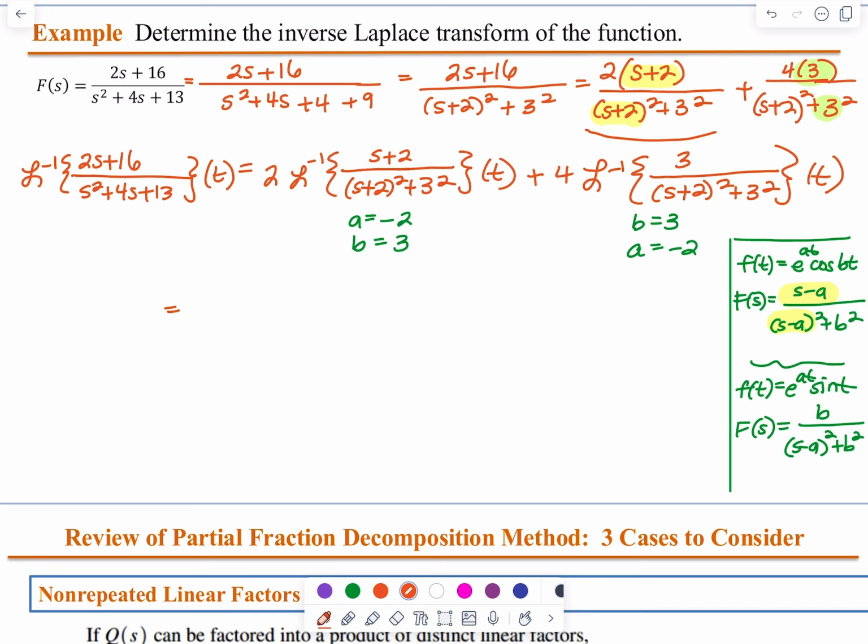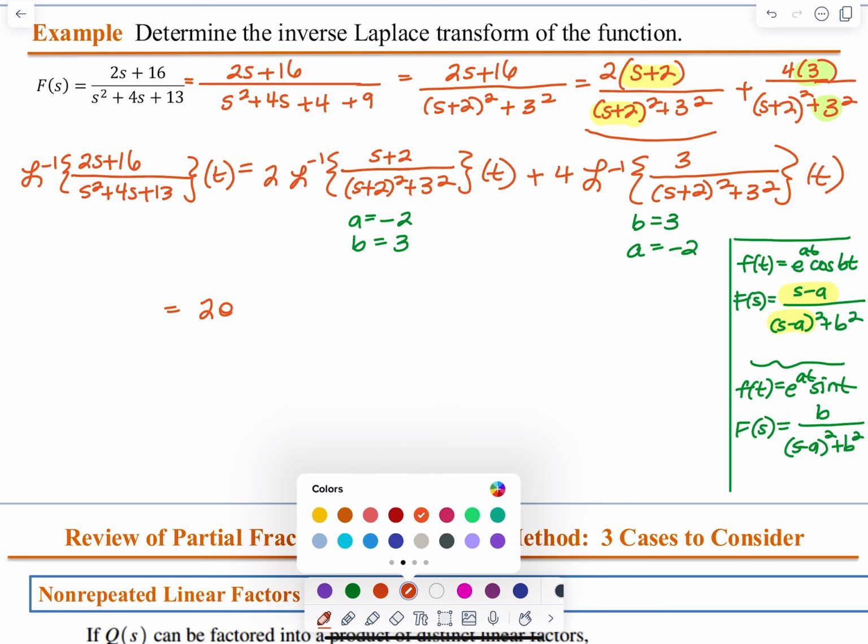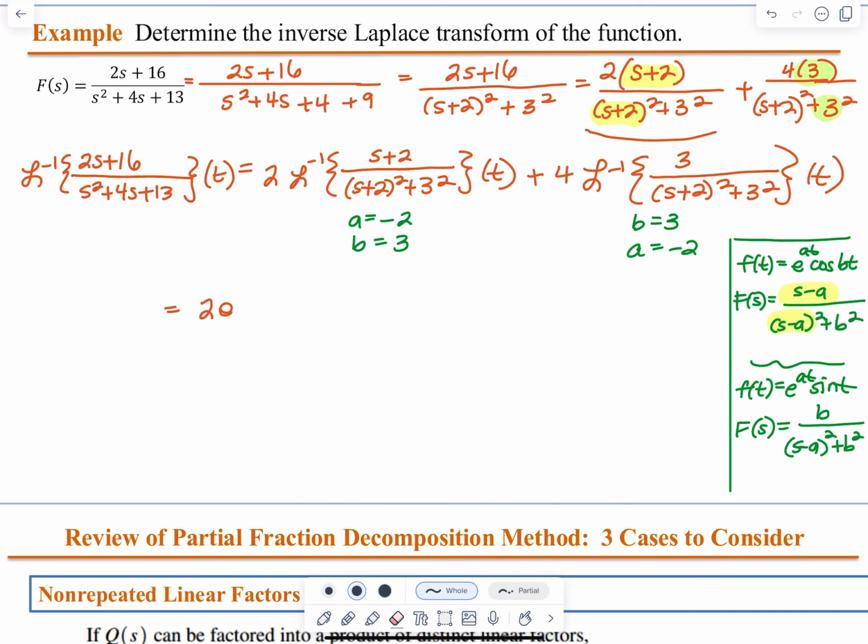So we have that that's equal to 2e to the negative 2t, that's our e to the at, cosine of bt, which is 3t, plus 4e to the negative 2t multiplied by the sine of 3t.